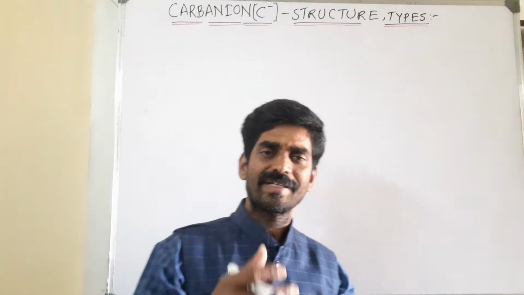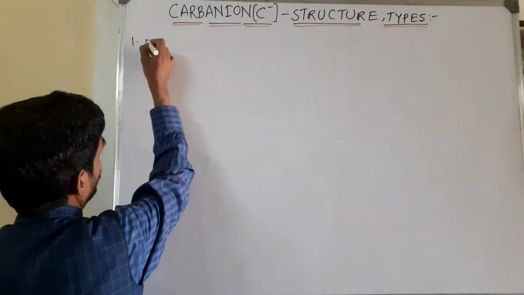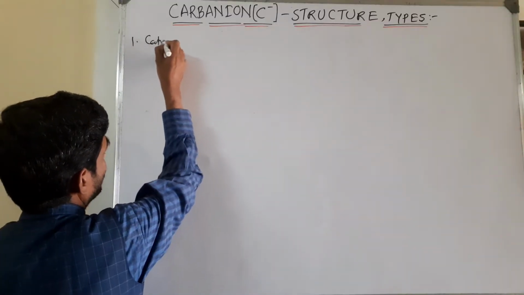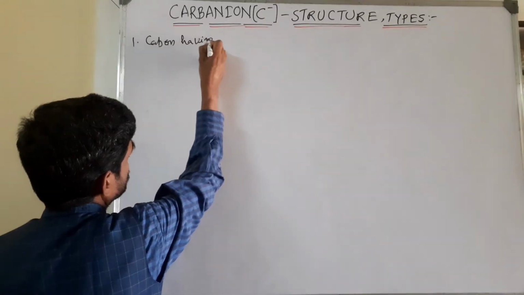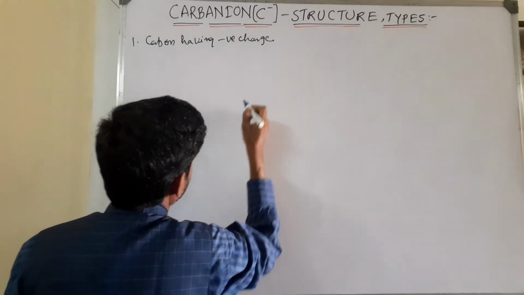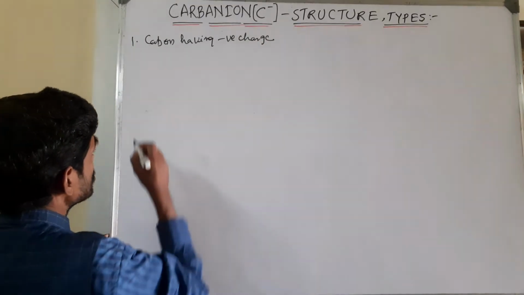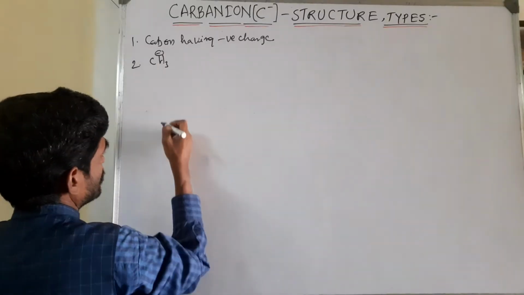Right. And then you can represent it structurally. The carbon carrying a negative charge is called a carbanion. You can take the simplest carbanion, CH3 minus.